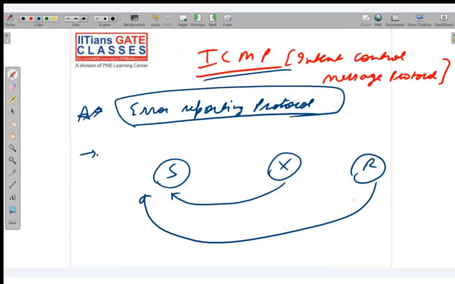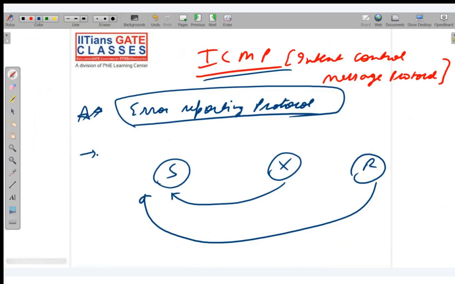Please note down, direction of packet movement for ICMP is from router to sender or receiver to sender.